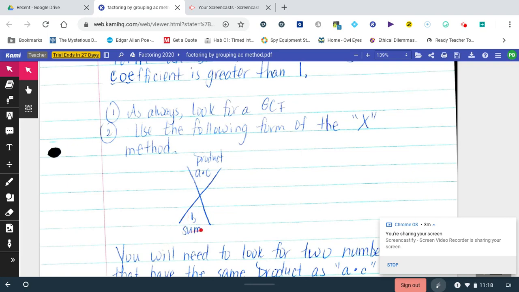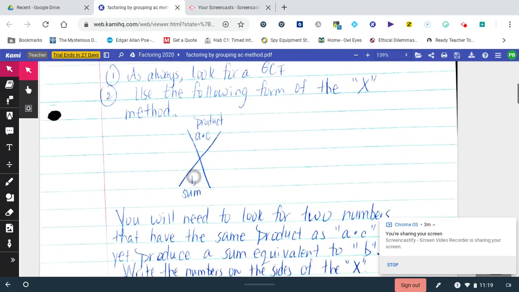B still goes in the bottom. B is your middle term. It will still go in the bottom of the x. It still represents your sum, but the main difference is this part right here. Instead of just being c in the top of the x, it is the product of a times c, a being your leading coefficient.